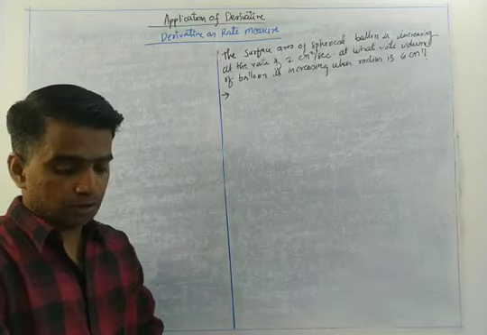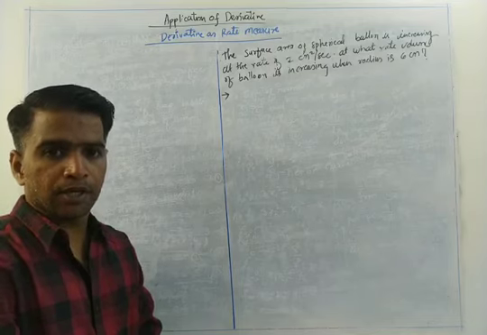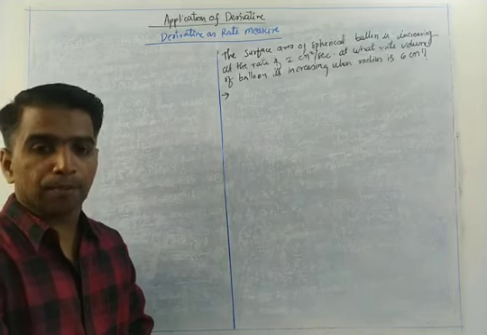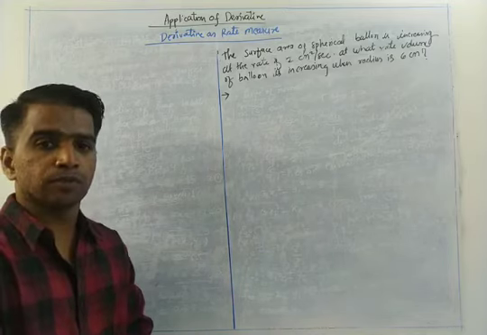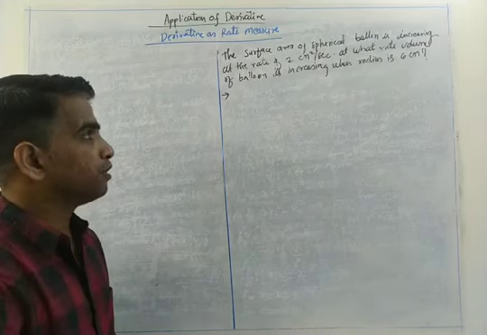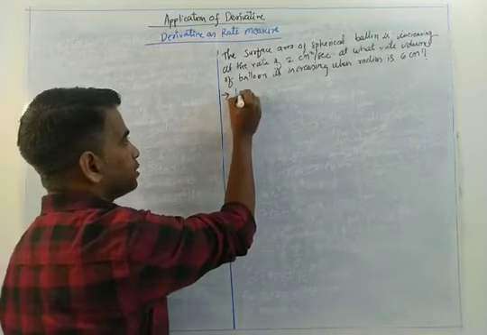Surface area of the balloon is 4 pi r square and volume of the balloon is 4 by 3 pi r cube, where r is the radius of the sphere.